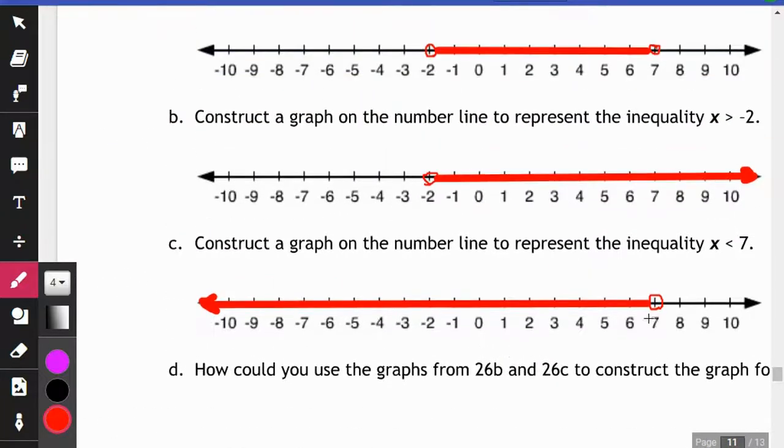How would I think about this? Notice "and" is where these two are both existing, where they overlap. I can't just say combine them two because this goes off forever in one direction, that goes in the other direction. It would include all of the numbers. It's just where they overlap.